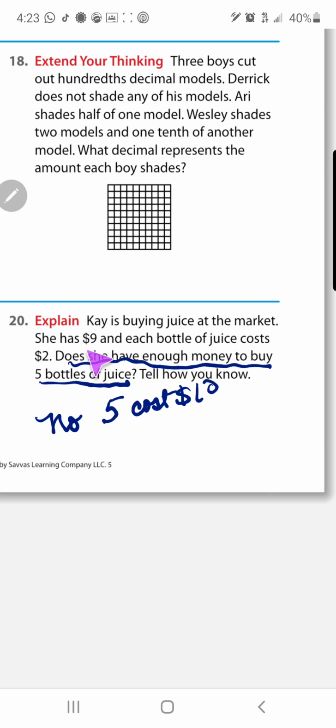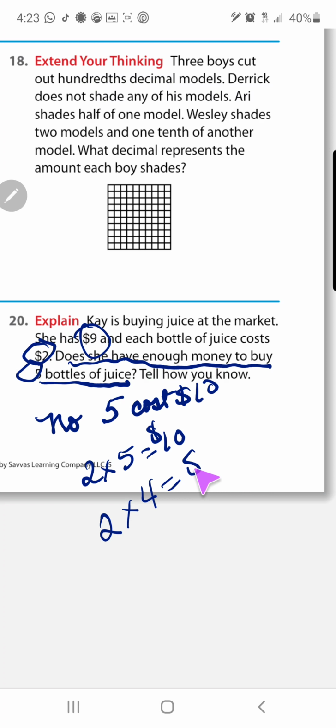She has $9, but each one costs $2, and she wants to buy 5. Well, what's 2 times 5? 2 times 5 is 10. Does she have enough money to buy those bottles if they're going to cost 10? The answer is no, because she only has $9. She can only buy 4, because 2 times 4 is equal to $8. For that, she would have enough.